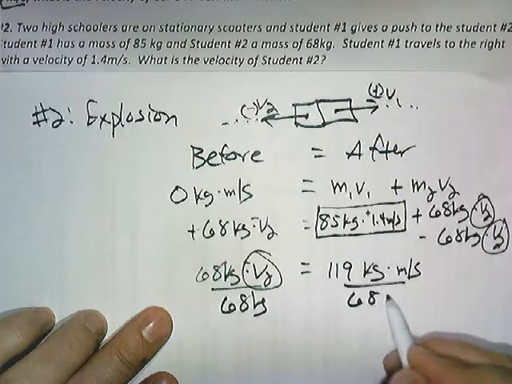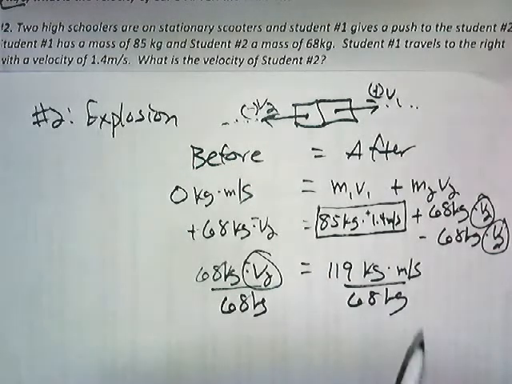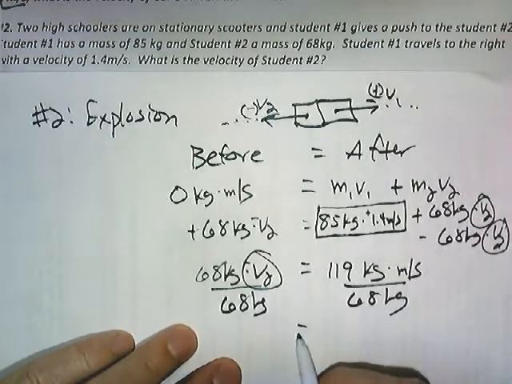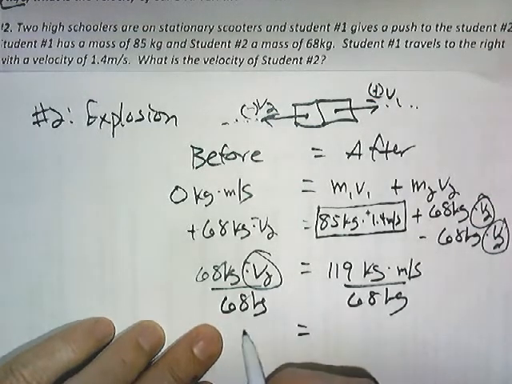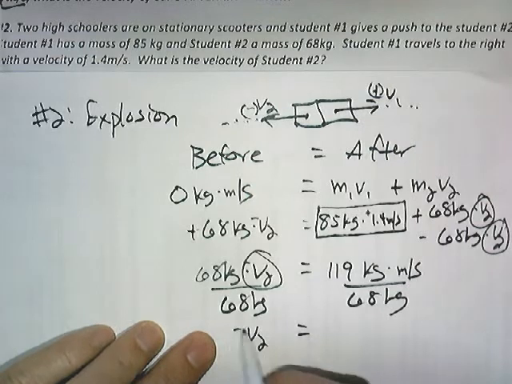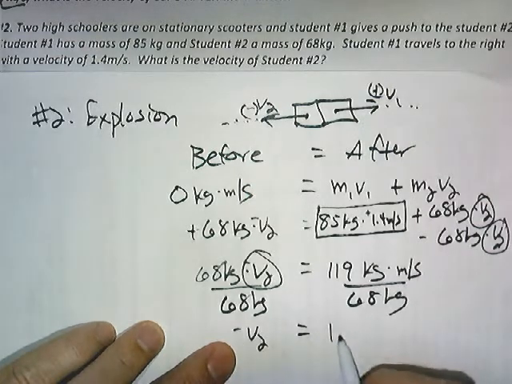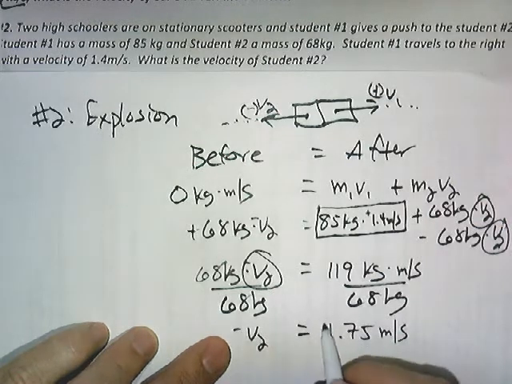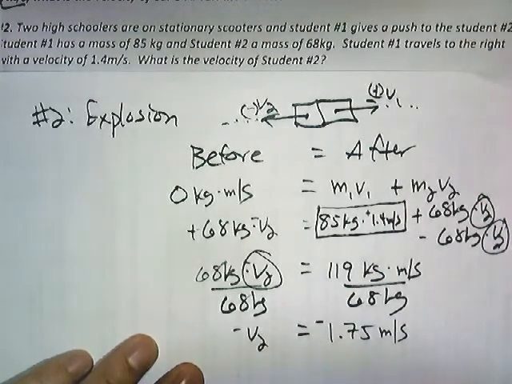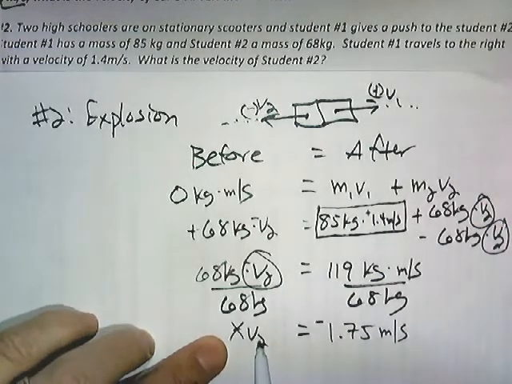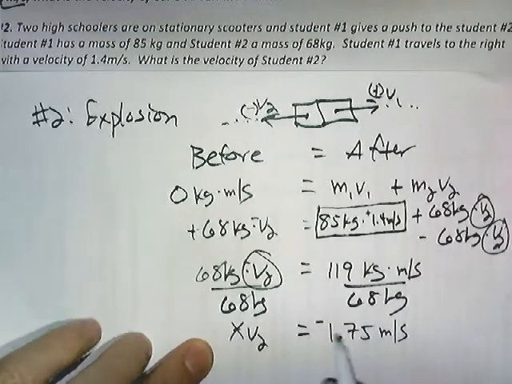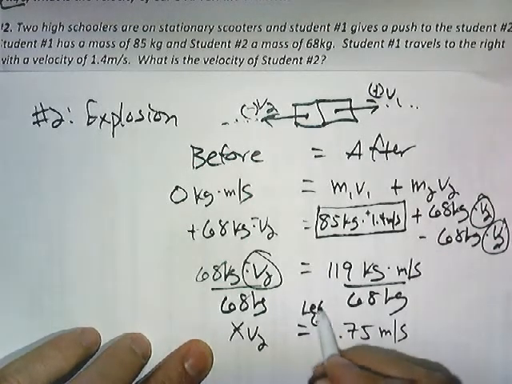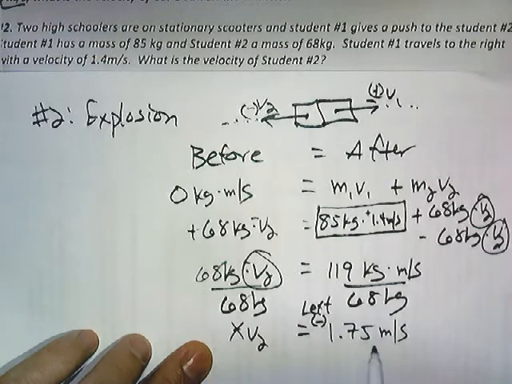I take 119 divided by 68, and I get negative V2 equals 1.75 meters per second. I can apply my negative to my velocity. V2, the velocity of student 2, is traveling to the left at 1.75 meters per second.